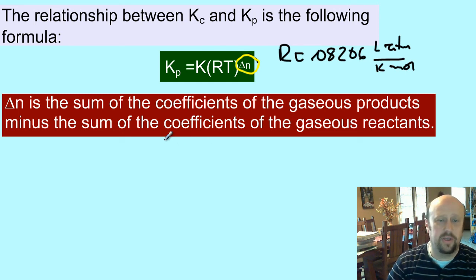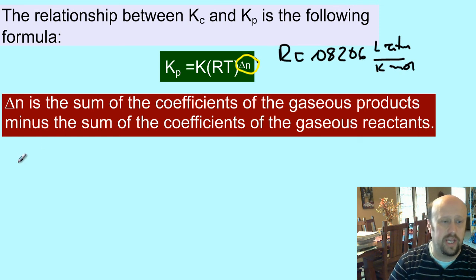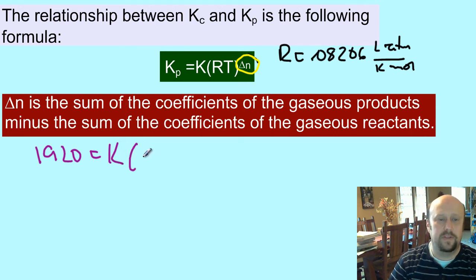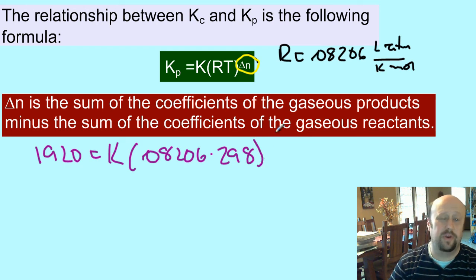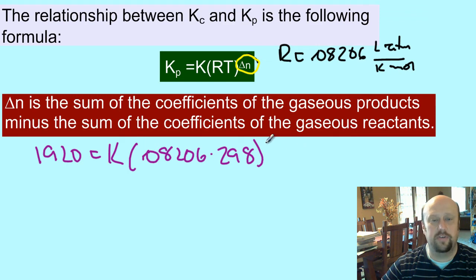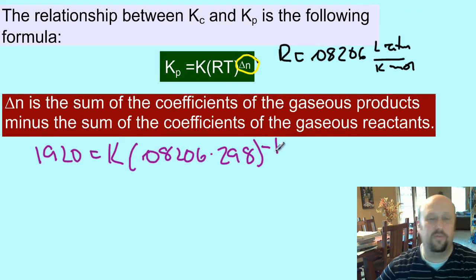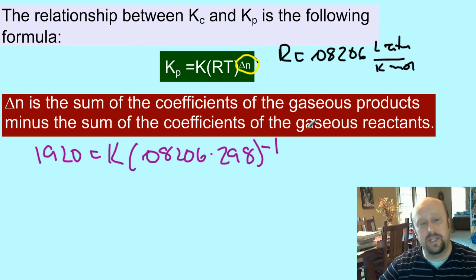And so if we wanted to calculate our K value for this one, since we already know our Kp was 1920, that's going to be equal to K times our ideal gas constant, times temperature in Kelvin, 298, because it was 25 degrees Celsius, if you didn't remember that, hop back here, so 298 Kelvin, and then raised to that delta N power, and we already established that that was negative 1 because it was 2 minus 3 in this case.